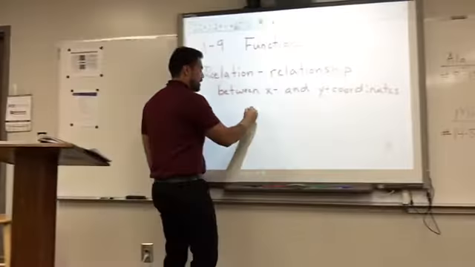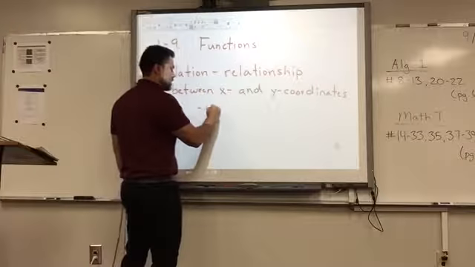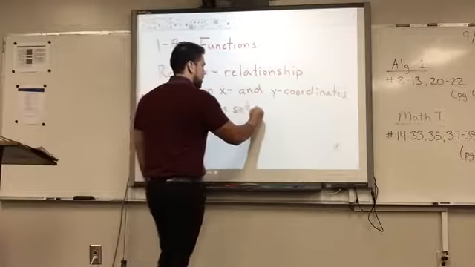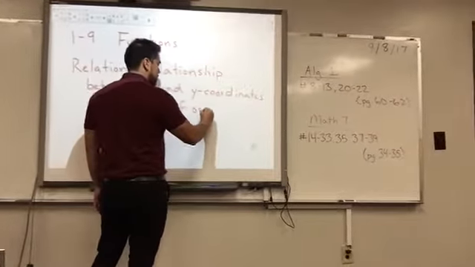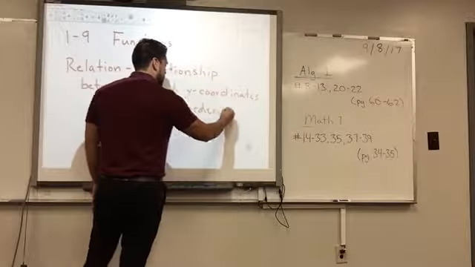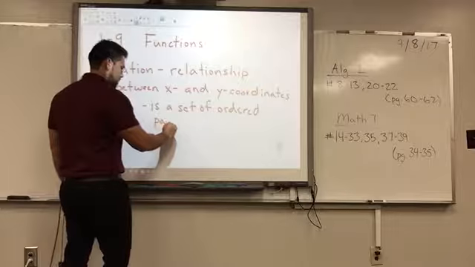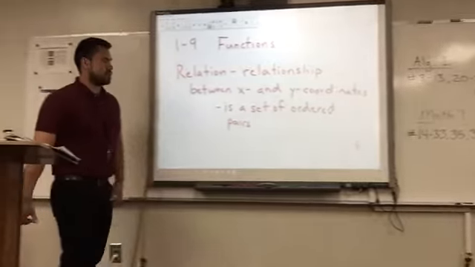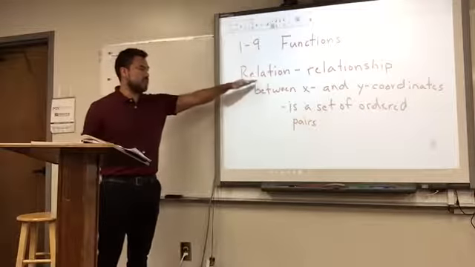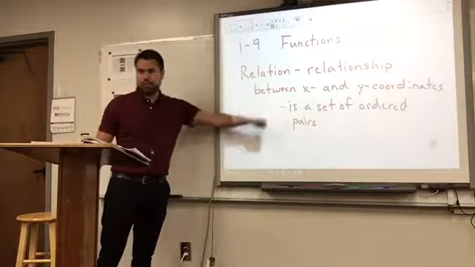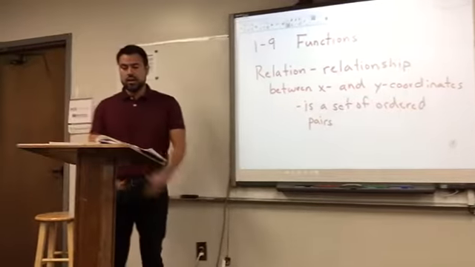And so another way of thinking of it, a relation is a set of ordered pairs. So it's a set of ordered pairs. That's the main idea. This is why, because it's a relationship, and therefore it's a set of ordered pairs.